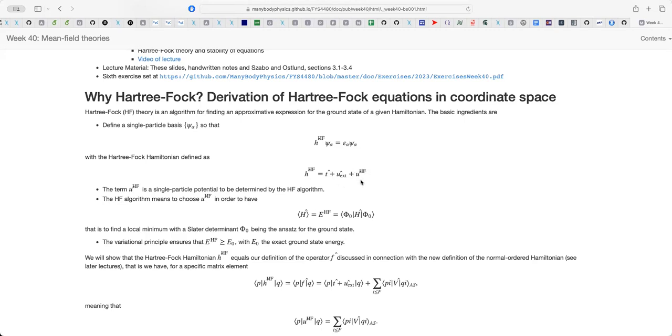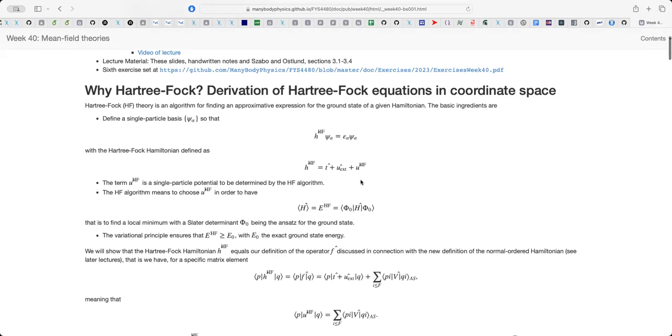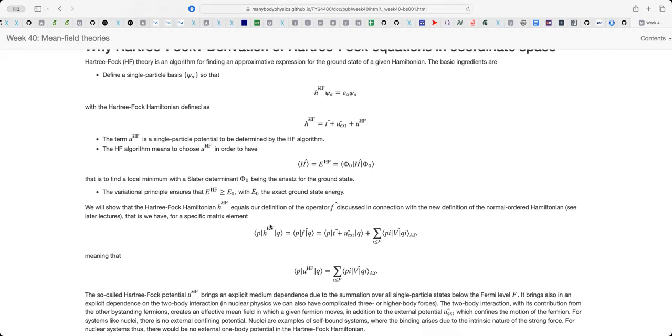This is going to be defined by the Hartree-Fock, or the mean field theory algorithm. We will show later today that we can write this Hamiltonian in terms of equations which we have seen before. This is normally called the standard Hartree-Fock approach, and it is going to give us an eigenvalue problem, which we can solve.